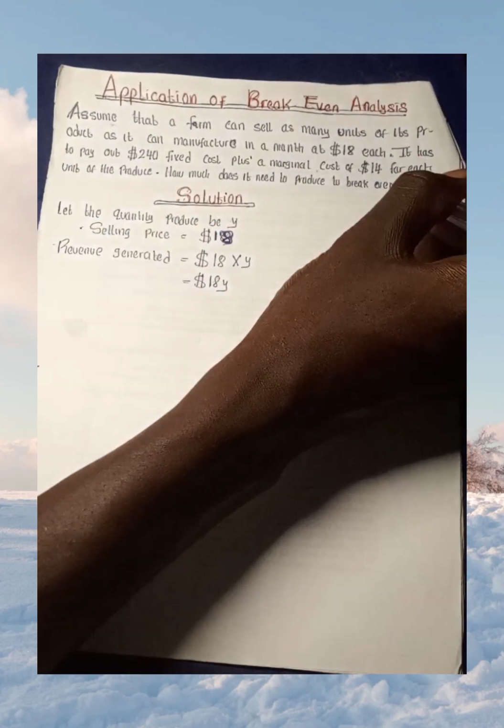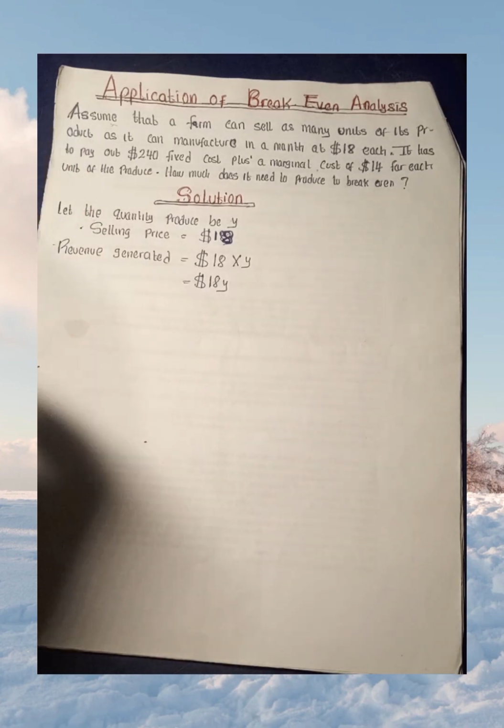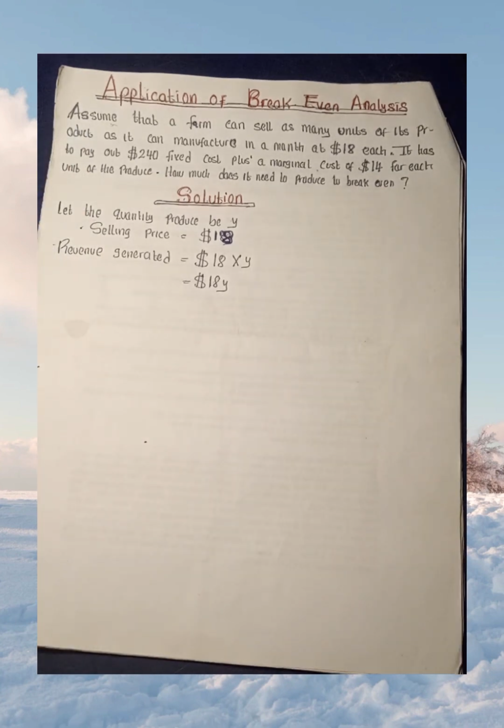Now the firm has to pay out $240 fixed cost. So we can say that that is the expenses, because the expenses made are the money that is spent during the course of the production. Don't forget, we are looking for our break even.